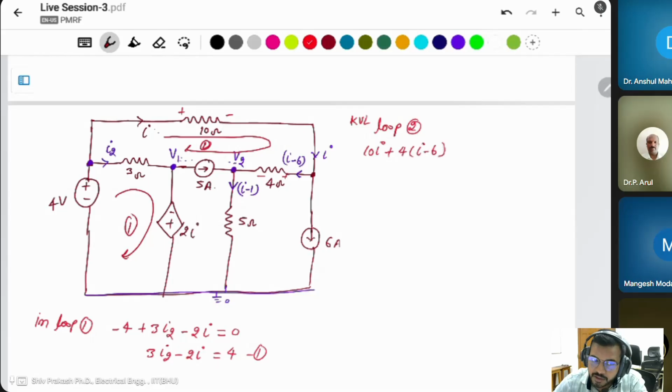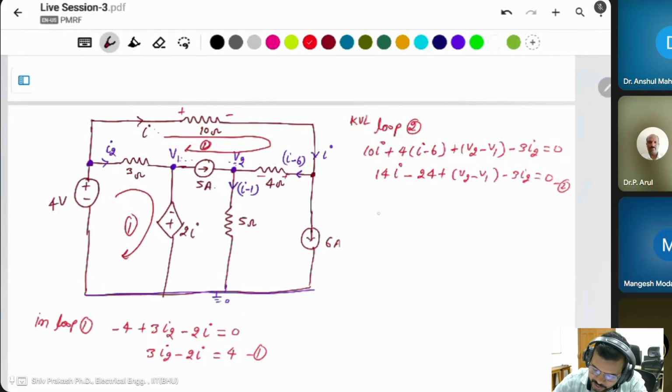The voltage across the current source is V2 minus V1, so plus V2 minus V1, then minus 3I2 is equal to 0. This will be 14I minus 24 plus V2 minus V1 minus 3I2 is equal to 0. This is equation 2.